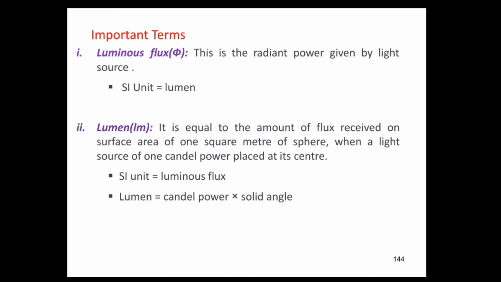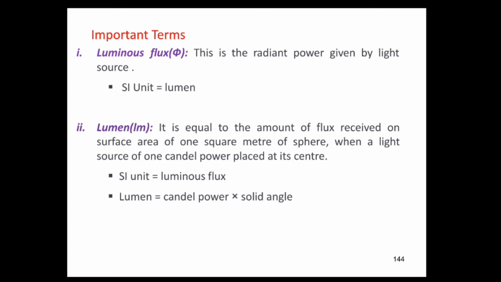Next is the lumen, which is the unit of luminous flux, abbreviated as lm. It is equal to the amount of flux received on a surface area of 1 square meter of a sphere when a light source of 1 candle power is placed at its center.